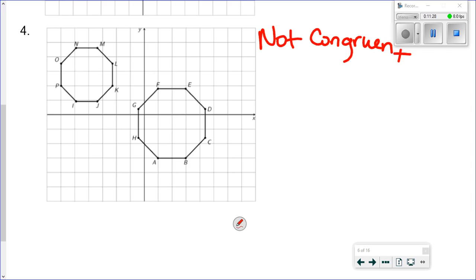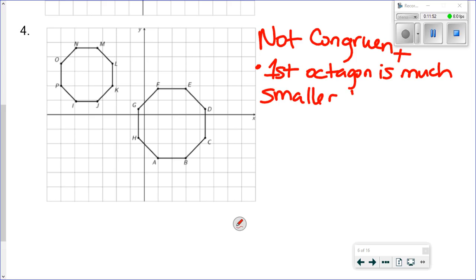Some sample responses could be that the first octagon is much smaller than the second octagon, or vice versa: the second octagon is much larger than the first octagon.